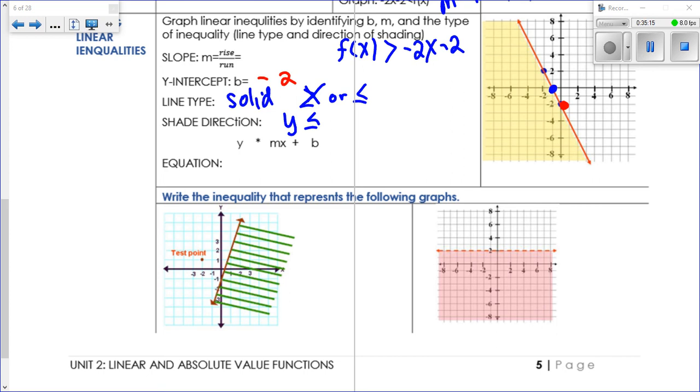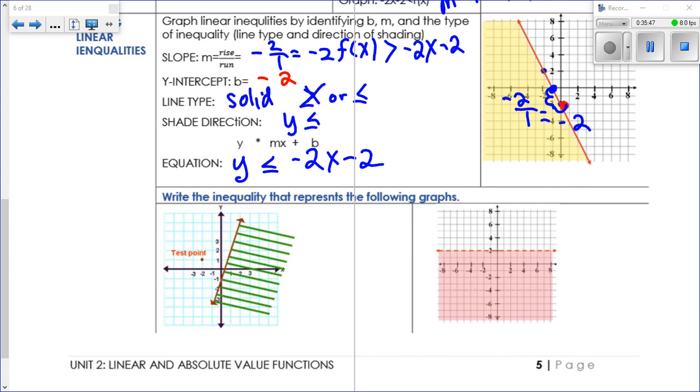Starting at that point, I go down 2. So -2 over 1 equals -2 if I simplify it. My equation becomes y is less than or equal to -2x minus 2. Okay? We're going to do that on the next part.